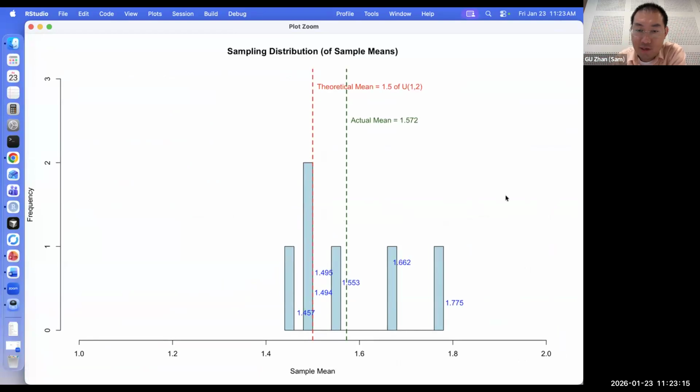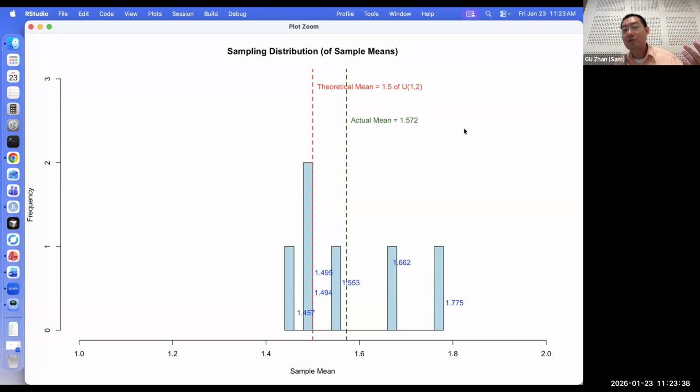So we have six sample means. For these six sample means that we randomly draw, the simulated actual mean is 1.57, and we know that the theoretical one is 1.5.